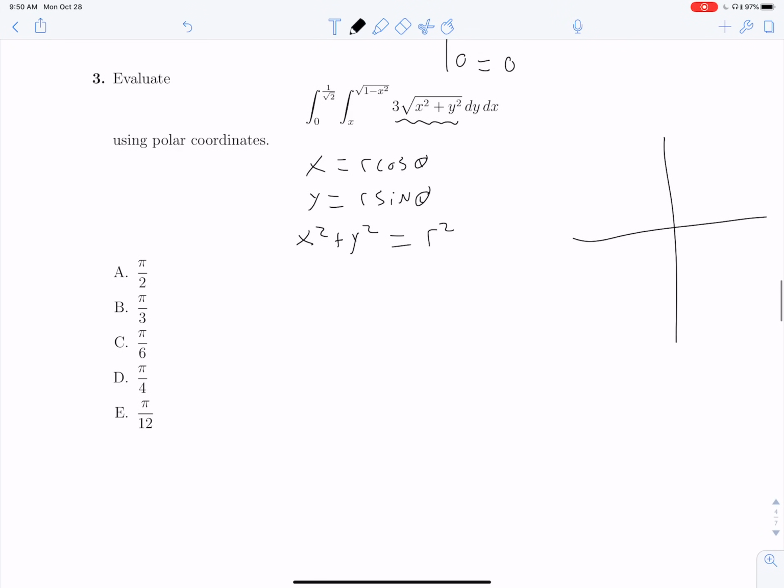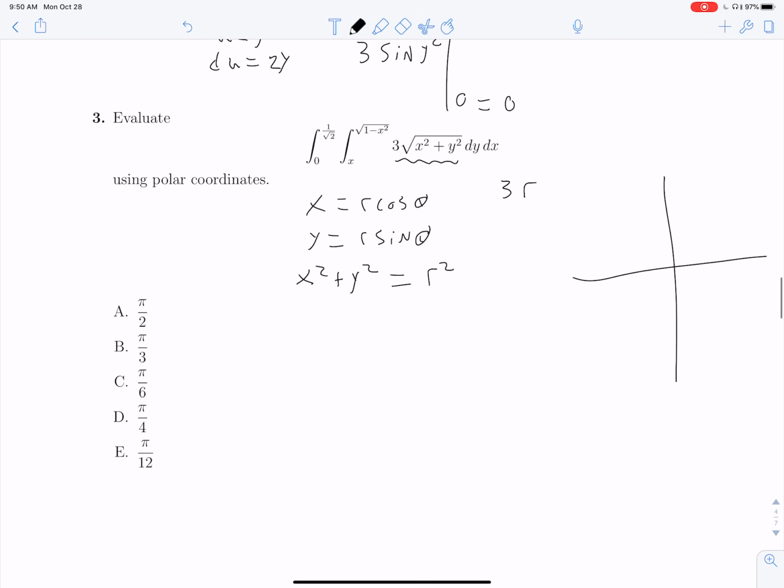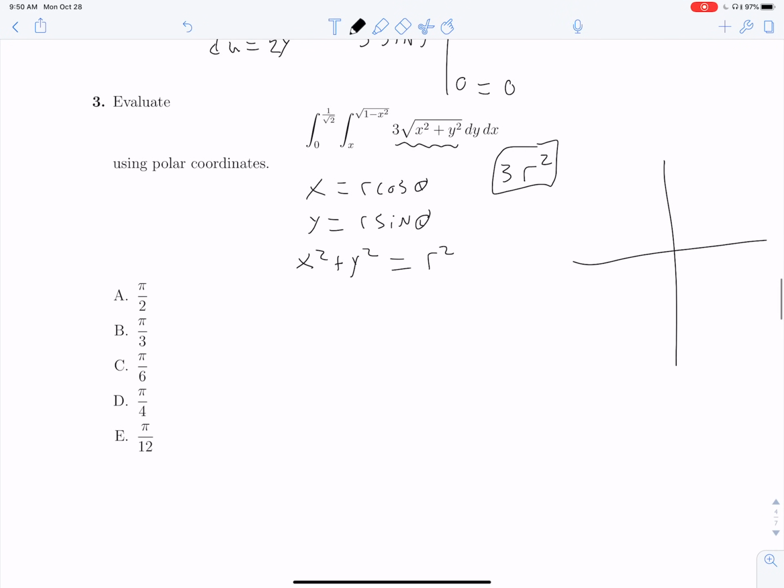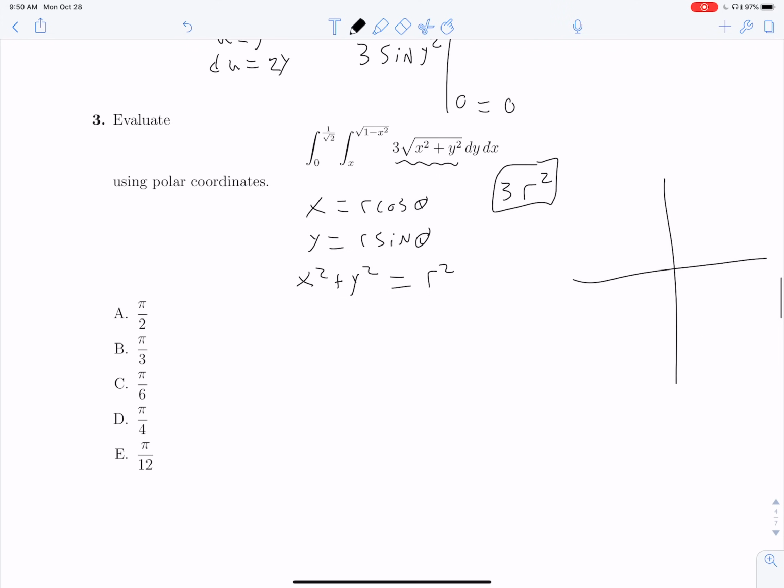And so we see that our integrand is really 3 root r squared, so it is 3r. But we also know that whenever we put something into polar coordinates, we have to add another r in there. So our integrand is really 3r squared, and we'll keep that for later, because we have to take a look at what the region we're integrating in actually looks like.